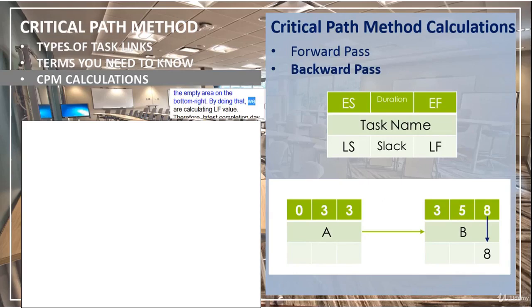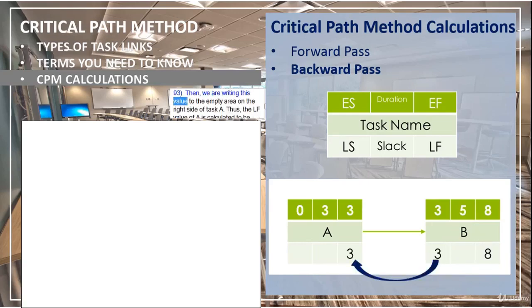By doing that, we are calculating the LF value. Therefore, the latest completion day of task B is the end of the 8th day. Then, we subtract the duration from this value and write the result to the bottom left. If we subtract 5 from 8, we will have 3, which is the LS value of B.